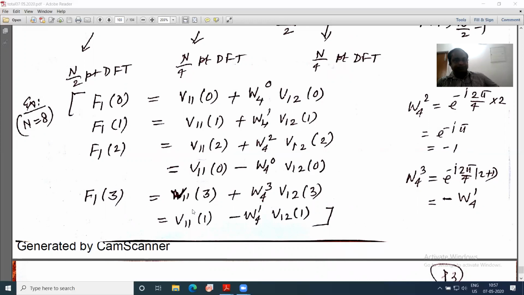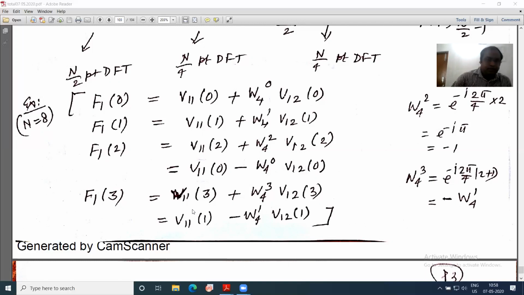And v12 of 3 will be equal to v12 of 1. Now v11 and v12 are the two signals or two sequences derived from f1 of n. Yes, v11 of n and v12 of n are the two signals developed from f1 of n.